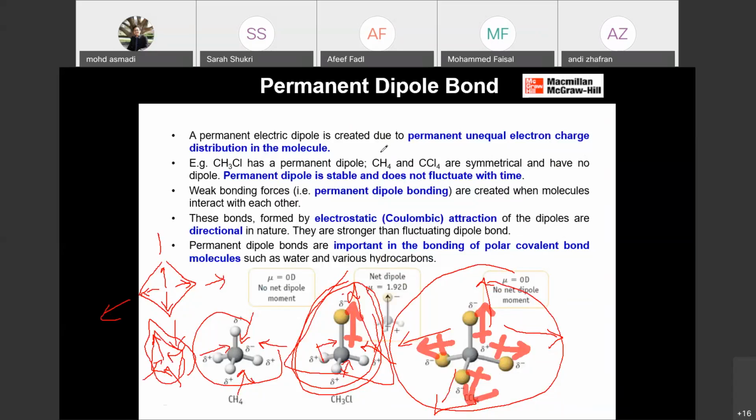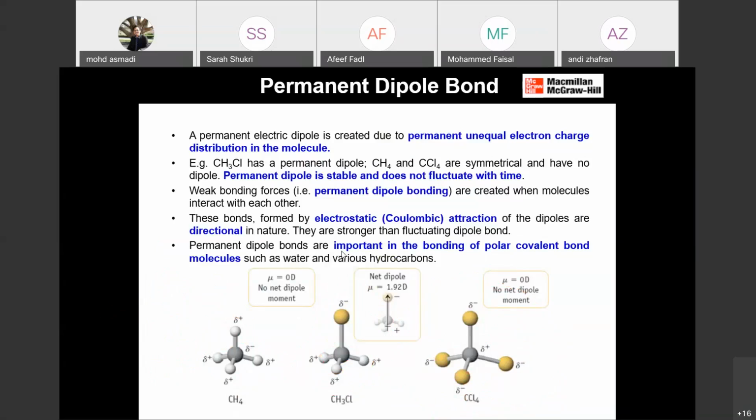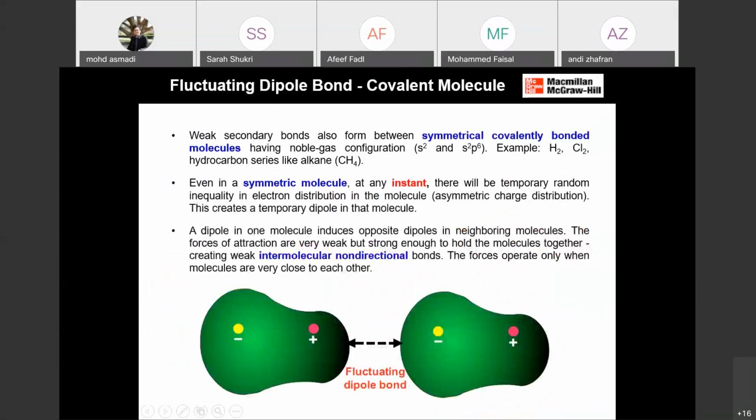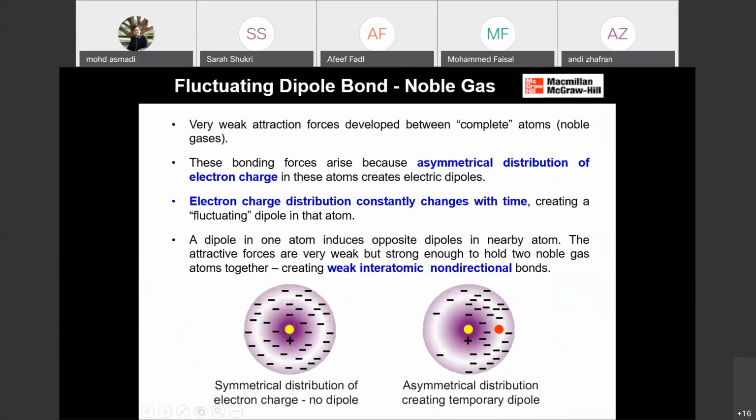Generally in the geometry of the tetrahedral, they have a symmetrical or asymmetrical geometry. This one, the negative charge is distributed equally, so this one is symmetrical.